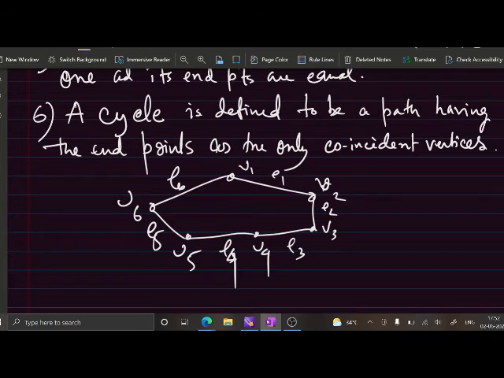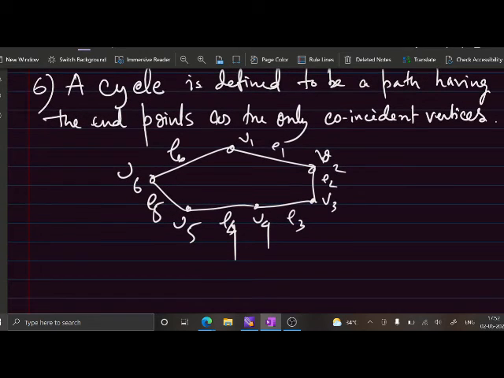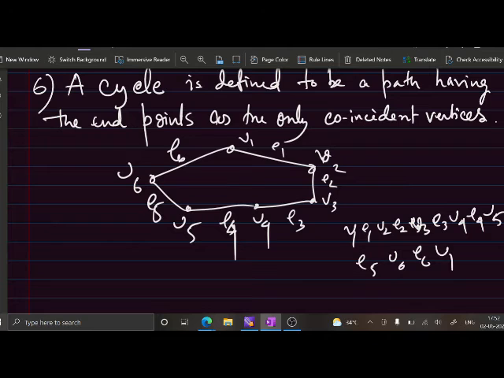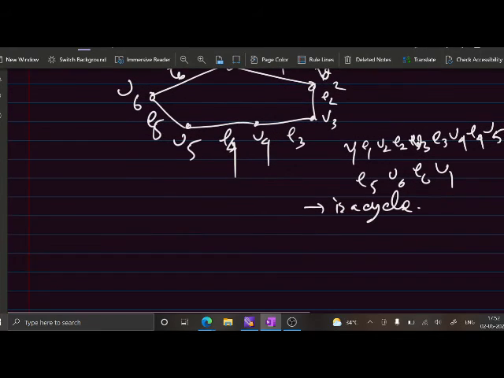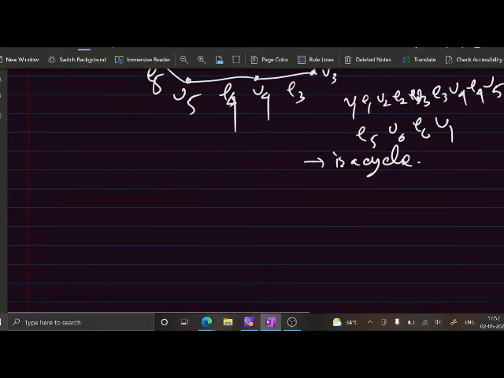So you can take a cycle, suppose v1, e1, v2, e2, v3, e3, v4, e4, v5, e5, v6, e6, and again v1. So this is a cycle, because except those endpoints there is no other repeated vertex.